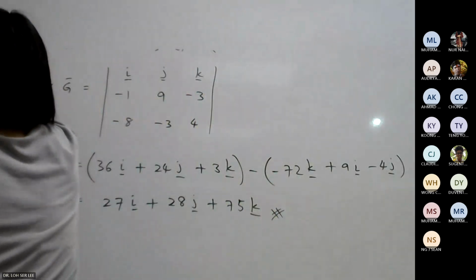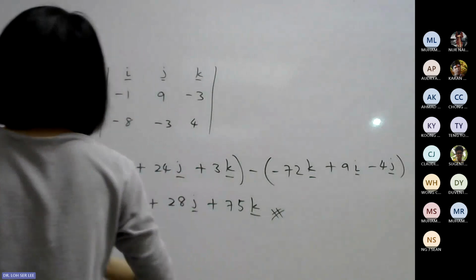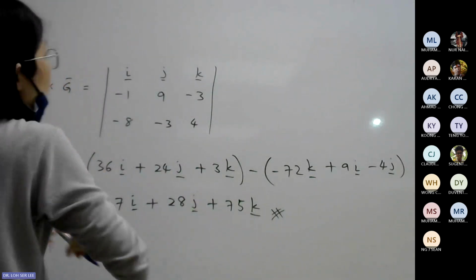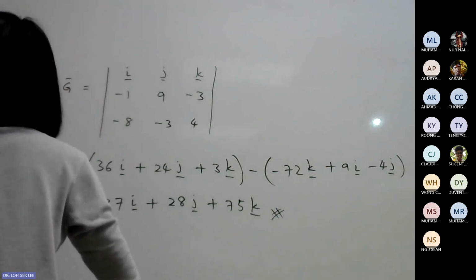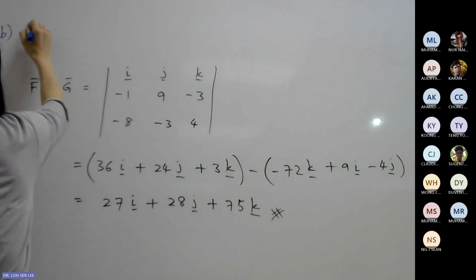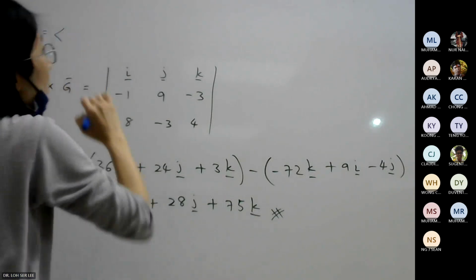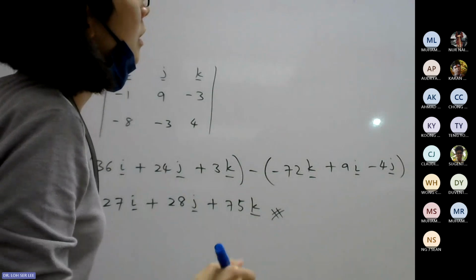Okay. Number 2. I use a different color. Okay, number 2 and number B. Number B: D square sine t cos t.